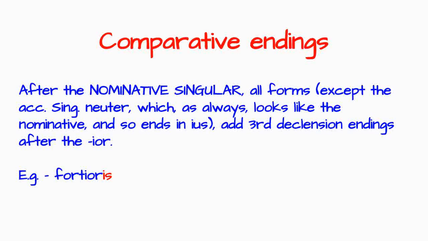Notice for the neuter adjectives, we don't see the stem because the stem is really fortior, ior. Look at our example, fortior is. For the neuter, the accusative is going to be fortius. But after the nominative singular, except for the accusative singular neuter, because of that special rule, all the forms of the masculine and feminine are going to look alike.